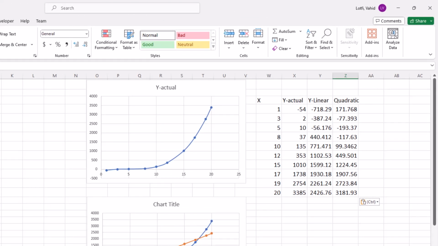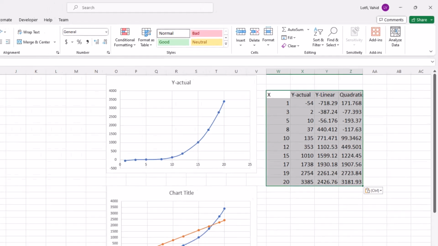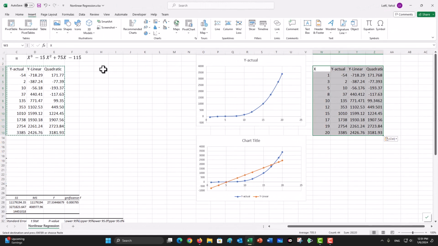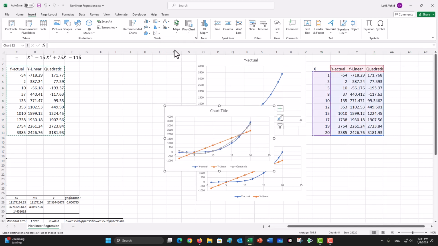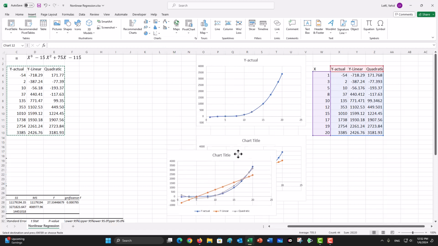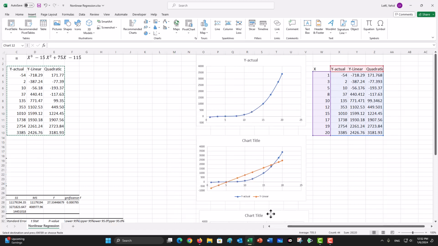Now I can graph the data, and I'll have the x value, the actual, the linear, and quadratic. So we're going to highlight the data and then insert, same thing, a scatter plot, and we have our chart. I'm going to move this chart below the other two so that we can compare them.